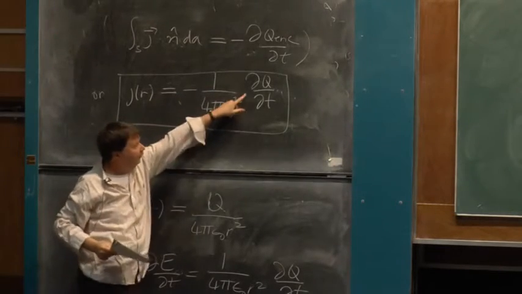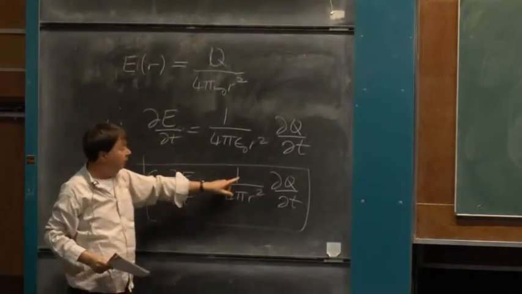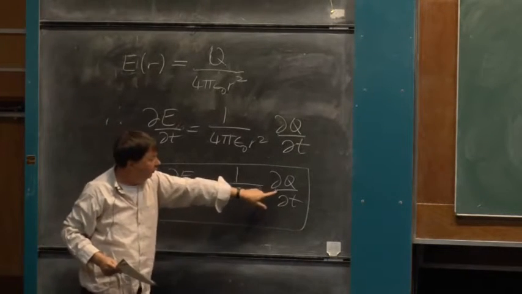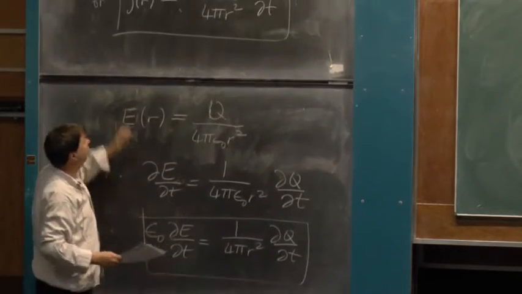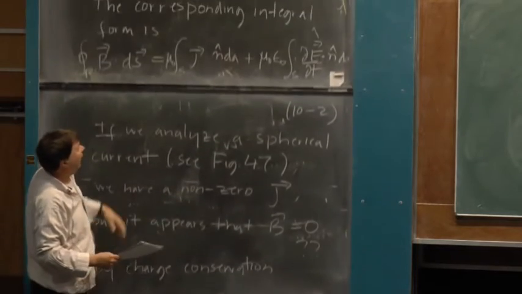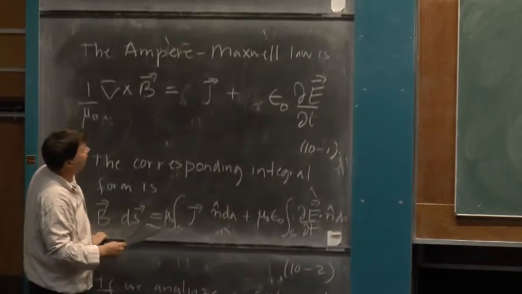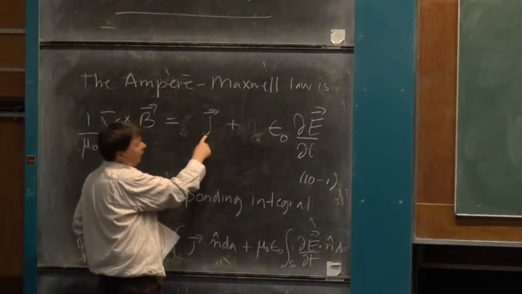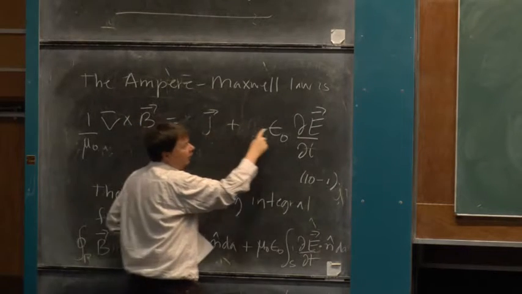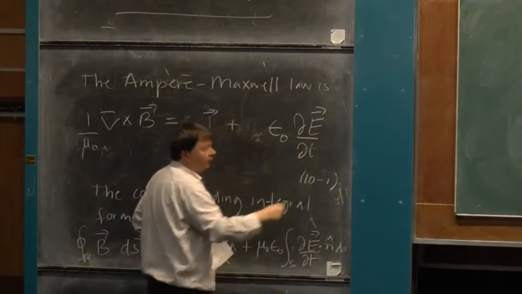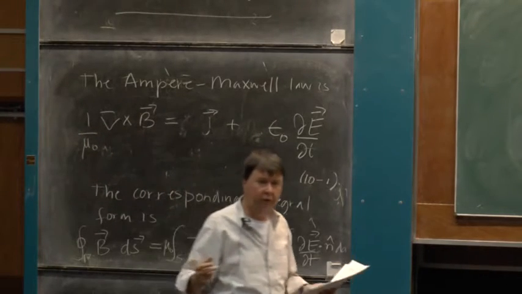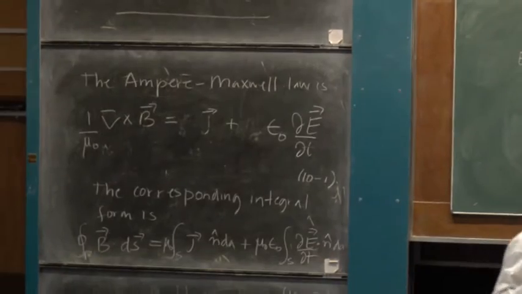Minus 1 over 4 pi r squared dq by dt, plus, when I've multiplied by epsilon naught, plus 1 over 4 pi r squared dq by dt. So when I go back to analyse in terms of this equation, it's written as a vector equation, but here you can see that the J of r and the epsilon naught dE by dt are exactly equal and opposite, and that doesn't depend on what radius I've chosen. So these two terms cancel.